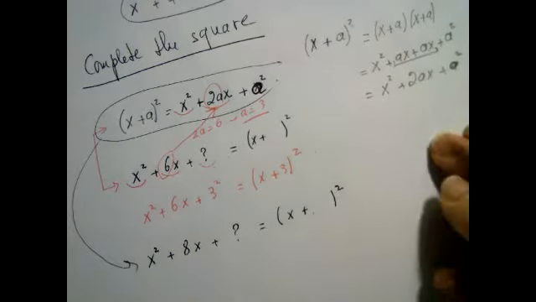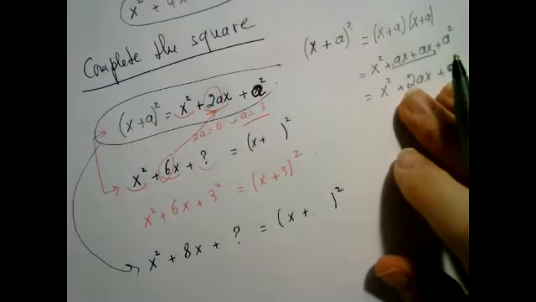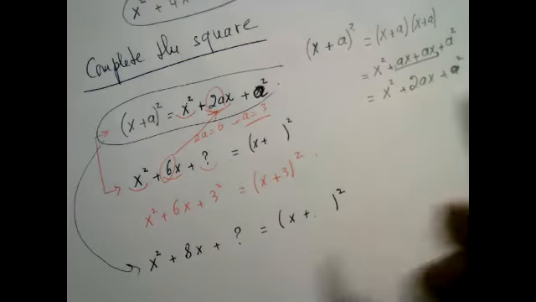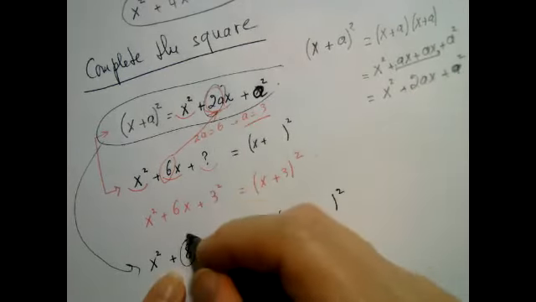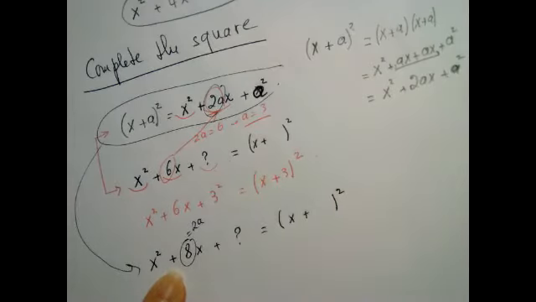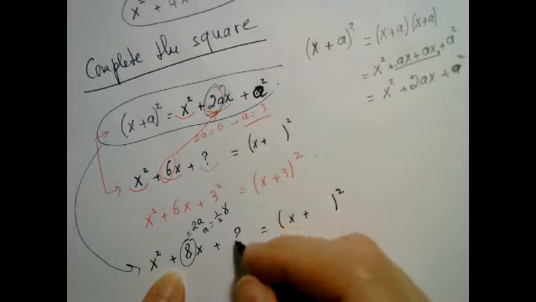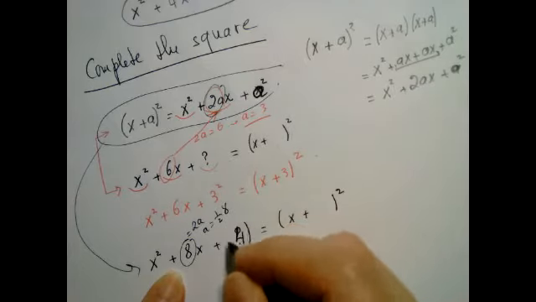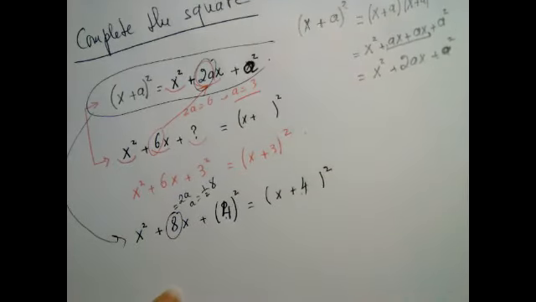Anybody can see it? 4 squared. Absolutely. Where's the 4 coming from? The 8 should be the 2a. It means what I should add is half of 8, so I should add 4 squared. And this will give me exactly (x plus 4) to the power 2.